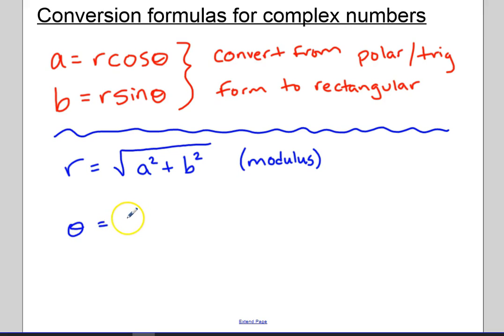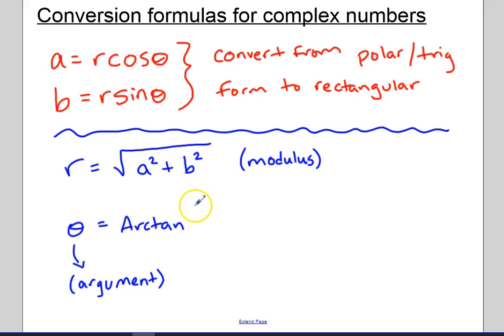And then theta, also called the argument, and that's found by the arctan. Well, it used to be y over x, right?